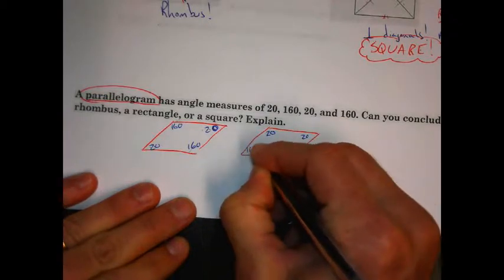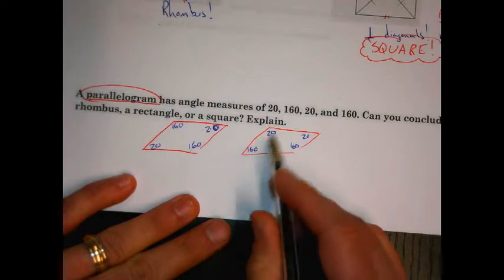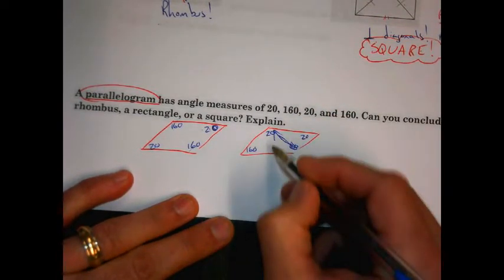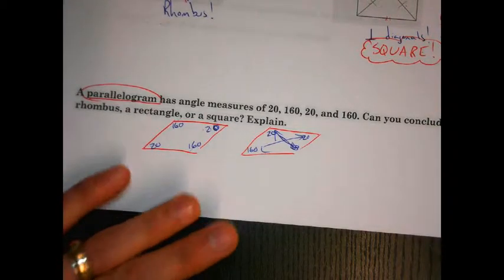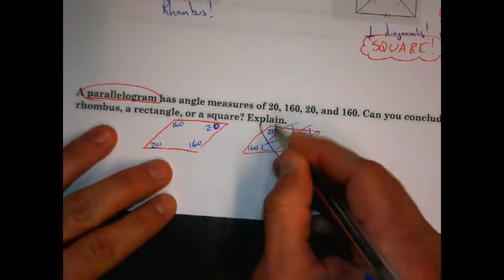Is that possible? No, that's not possible, because those aren't congruent. So that's not a parallelogram, right? Opposite angles would not be congruent. So we know we can't entertain it that way. It has to be entertained this way.